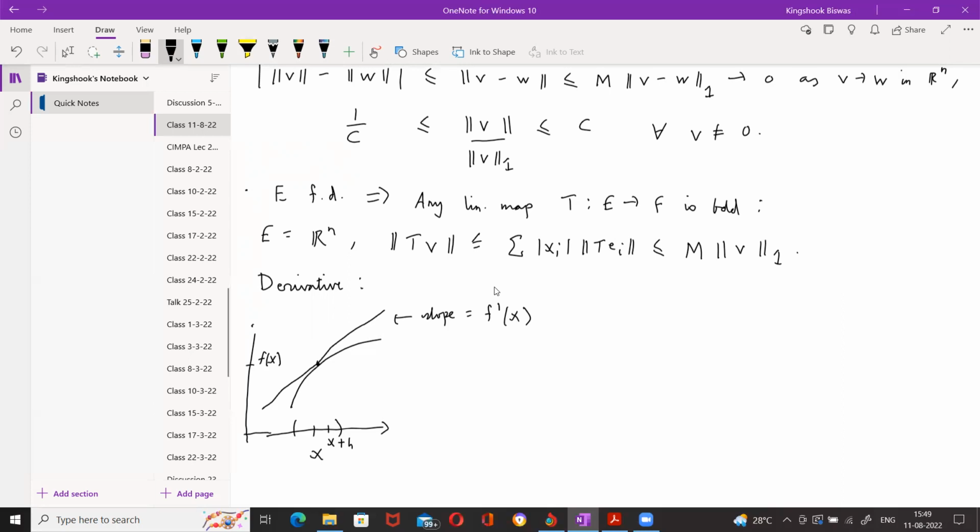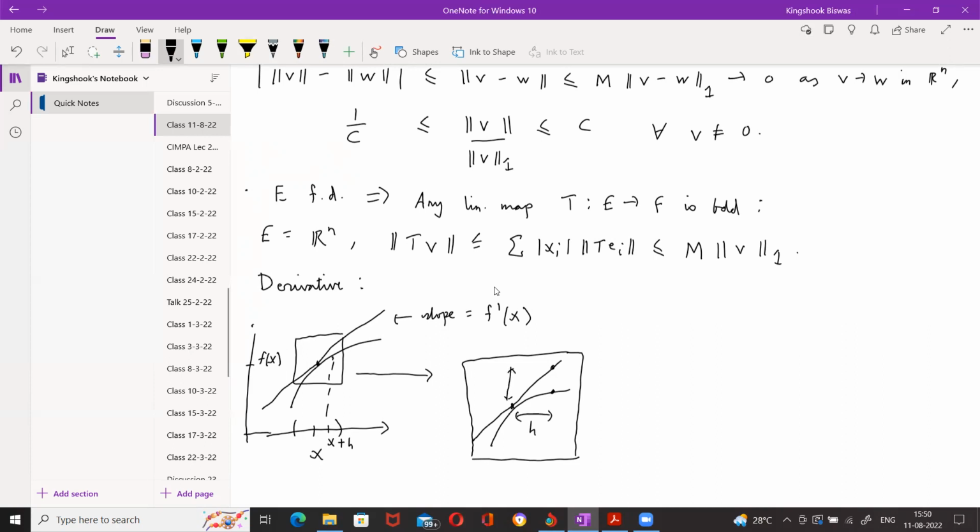So what that means is, if I take a point on the graph here, if I zoom in, then this tangent line gives me a linear function of h, which is the best approximation to f near x. So here's the point on the tangent line, and here's the point on the graph, and this distance is h, and this distance is h times f prime x.